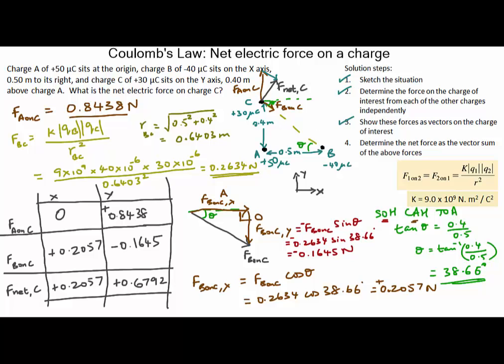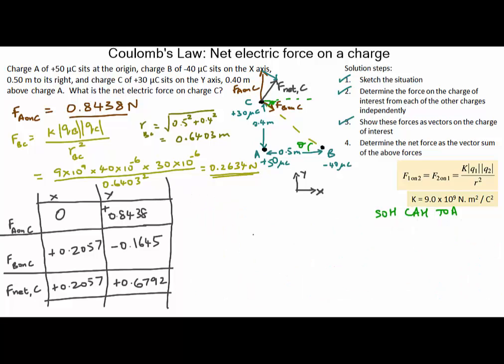Our last step is to figure out the magnitude of this vector and its direction. So to do that, I'm going to clear a little bit of room over here and continue the work. Okay, let me show the x and y component of this F net C. So I've got x component pointing like this in the positive x direction of 0.2057 Newton, and I got the y component pointing straight up like this, and that is 0.6792 Newton.